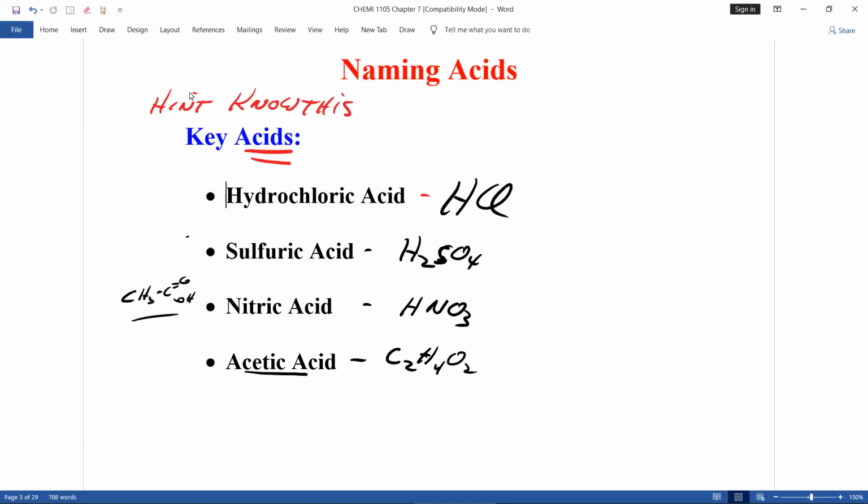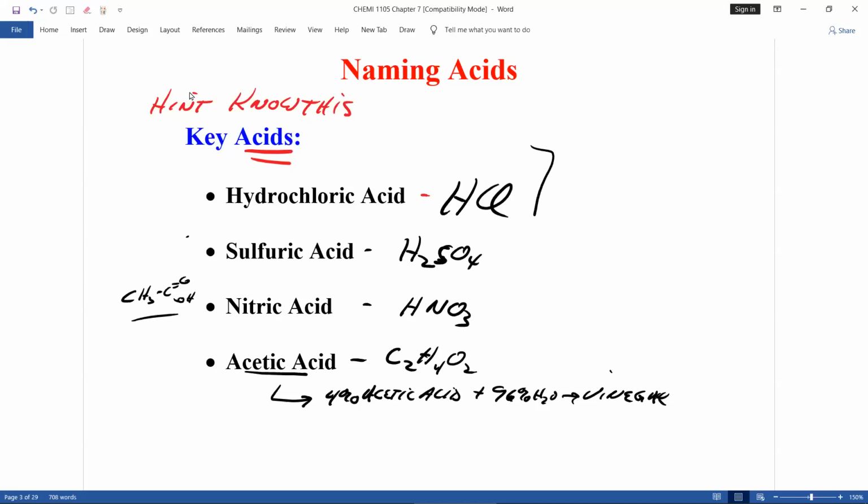Why is this important? Because you have acetic acid in your house. 4% acetic acid plus 96% water, you have vinegar. Vinegar is a dilute solution of acetic acid.